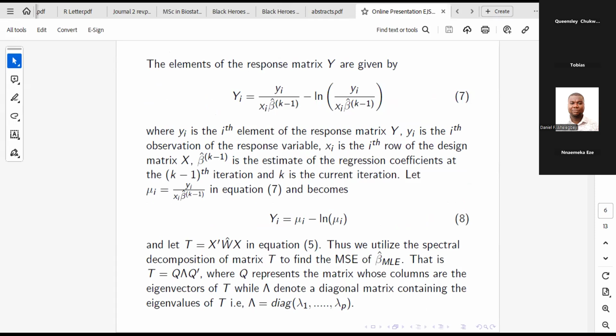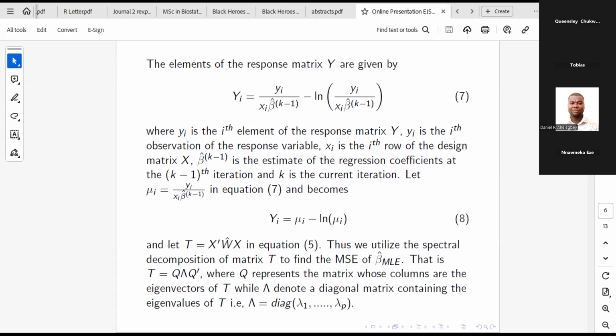So to explain more on that, the elements of the response matrix Y would be given by equation 7. And that is direct from the exponential model, where Yi is the ith element of the response matrix Y, and the small yi is the ith observation of the response variable.